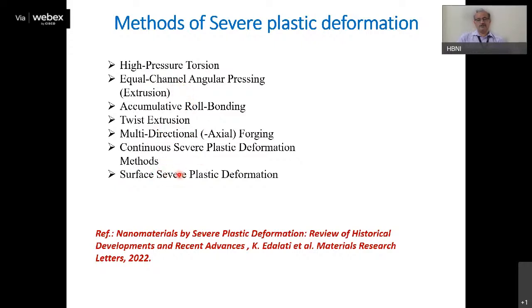We are interested in phase transitions under high pressures under severe plastic deformation. So mainly we will be focusing on the high pressure torsion experiments. And in order to go through in detail about these different methods of severe plastic deformation, I would like to recommend this recent review article by Pandey.